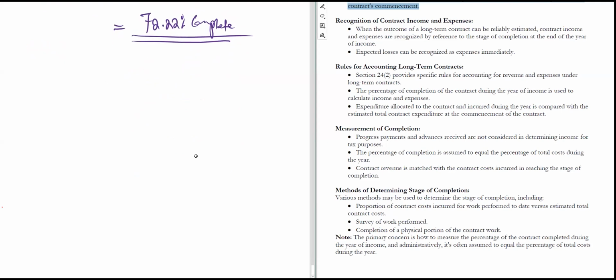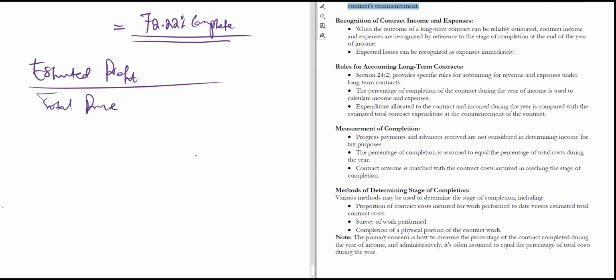Okay. But over the 5 years, what's our estimated profit? We know that the total price of the contract was 120,000, and the total cost of the contract was 90,000.